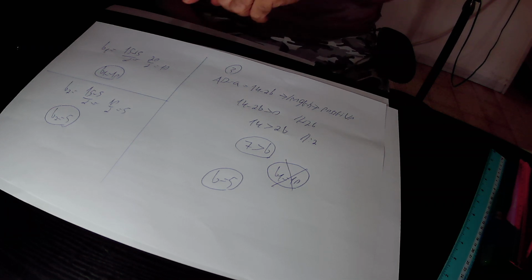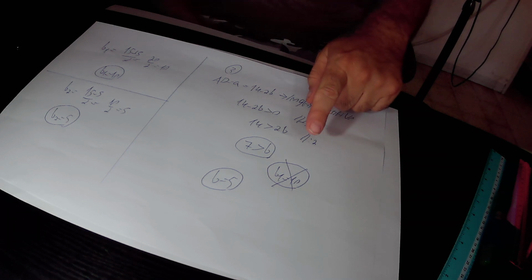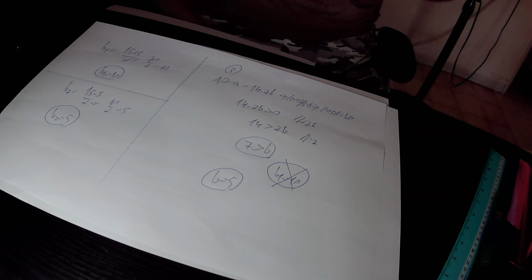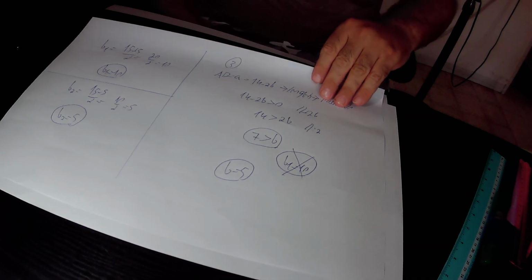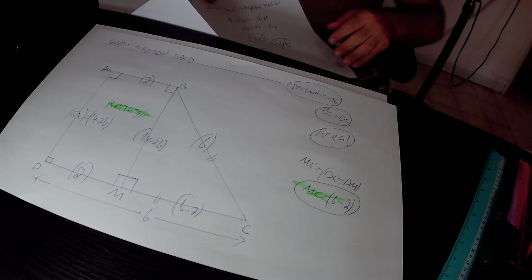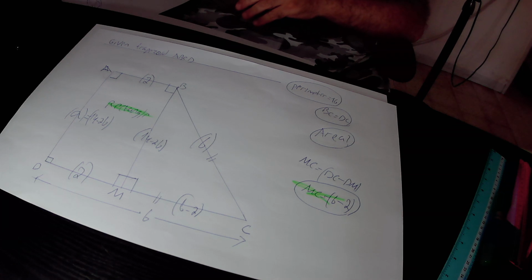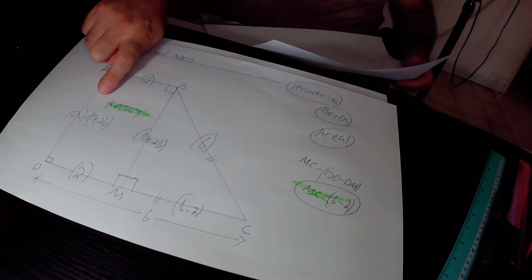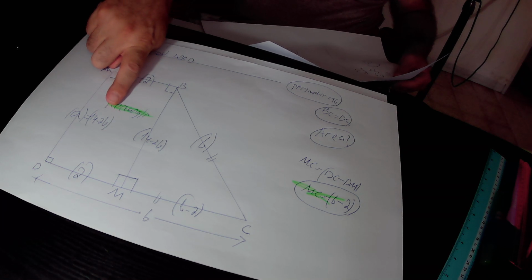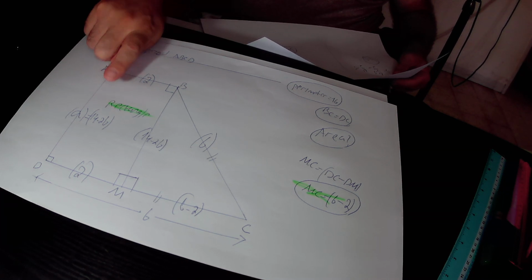So the solution that b is 10, that is greater than 7 units, is an incorrect solution. So we cancel this solution, and we are left only with the second possible solution for b, that is b equals 5. Okay, so if b equals 5, it means that a equals 14 minus 2b. b is 5, so 2 times b is 2 times 5, that is 10, and 14 minus 10 is 4.